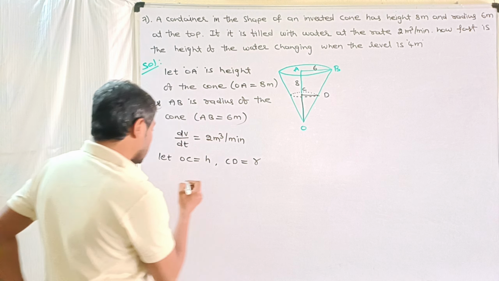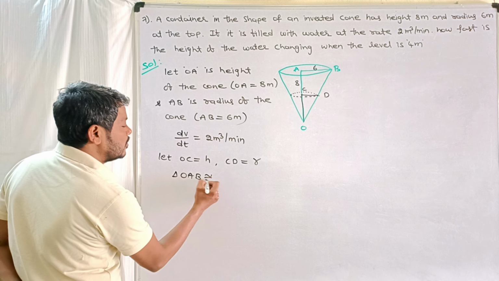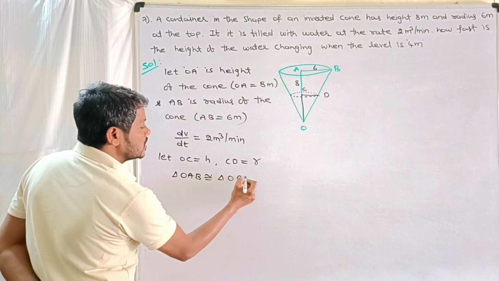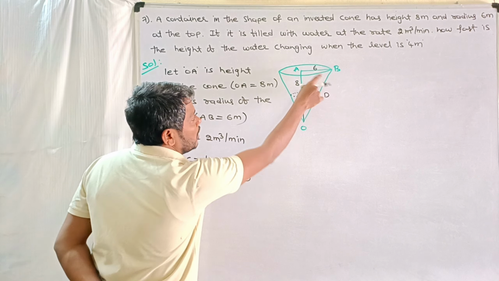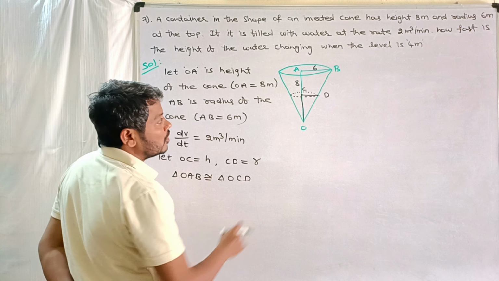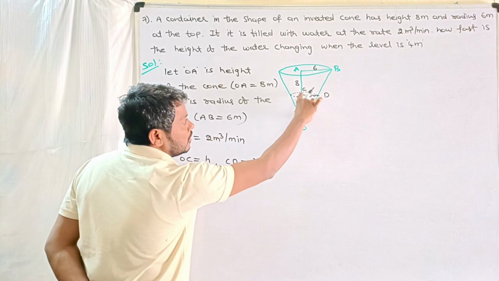Next. Clearly, the triangles OAB and OCD are similar triangles. So triangle OAB is similar to triangle OCD. So we can consider the height of triangle OAB, that is OA, and in triangle OCD the height is OC.